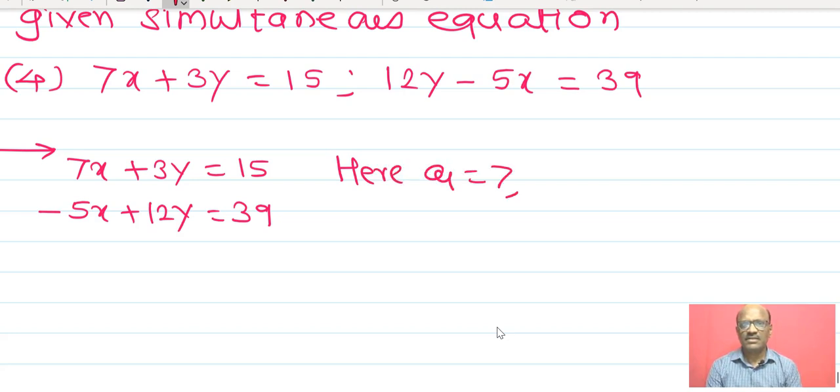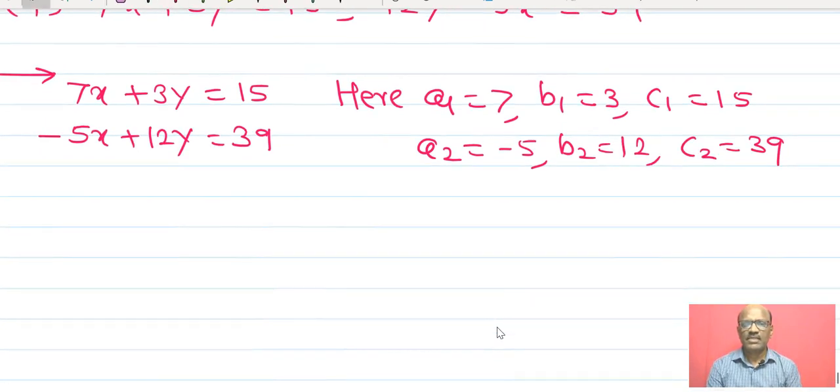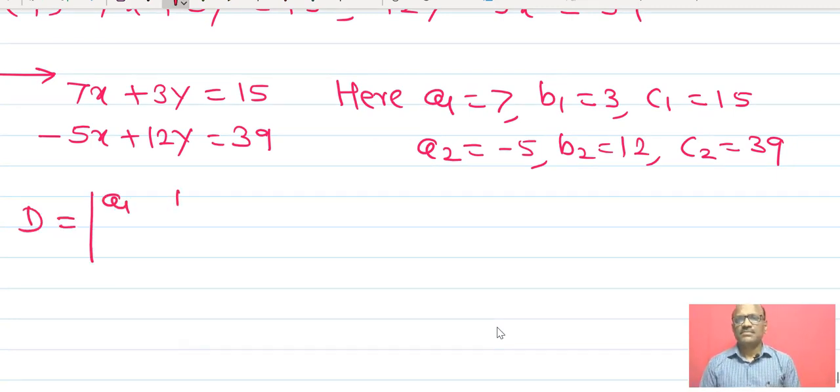Here a1 is 7, b1 is 3, c1 is 15, a2 is minus 5, b2 is 12 and c2 is 39. And D again here.